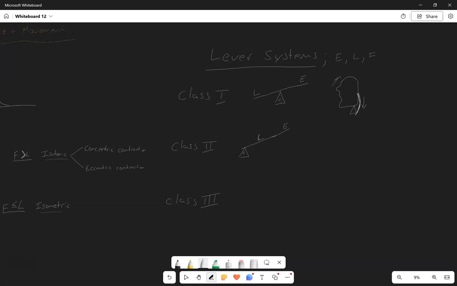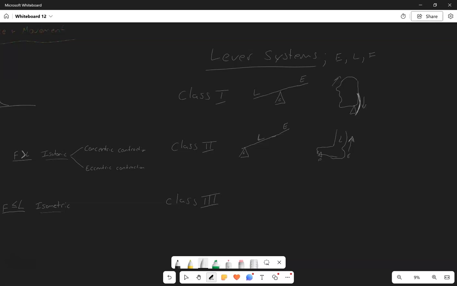So this is like a wheelbarrow, but if you think about the calf, here's your ankle, here's your foot. What you have is the muscle out here, which is pulling up. So there's your effort. Your load is the weight of your body here, and your fulcrum is your foot.